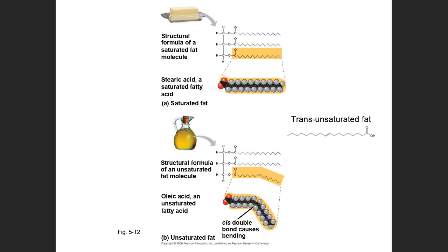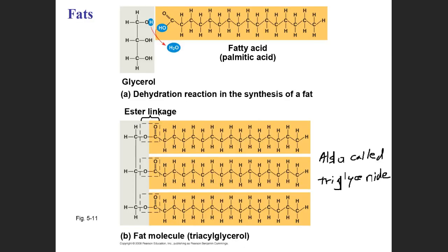So the word saturation refers to hydrogen. So a saturated fat means that all the carbons are bonded to as many hydrogens as possible. So we see here, and we saw it before here, that all the carbons are bonded to hydrogens here. So this is a saturated fat. It's saturated with hydrogen.